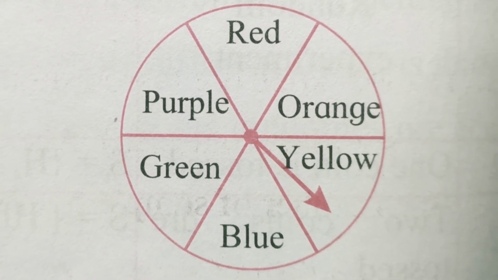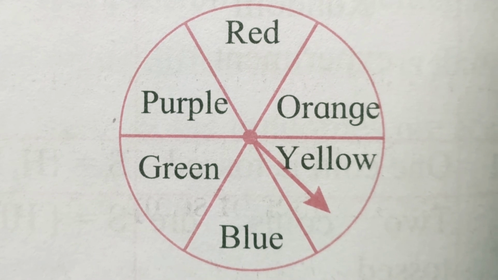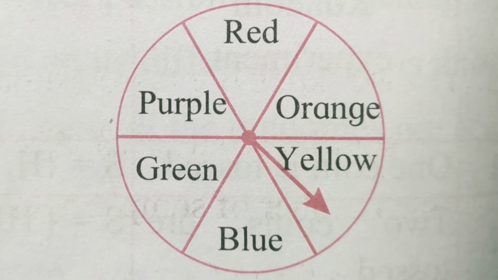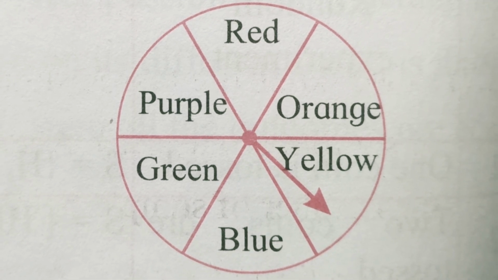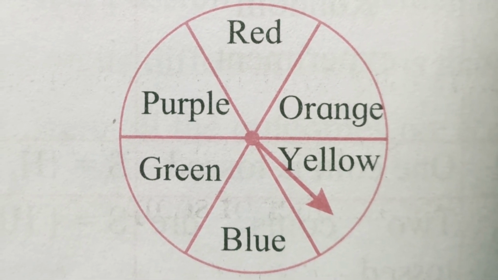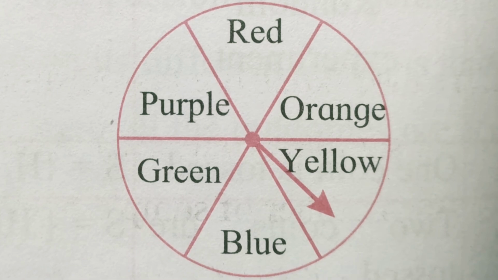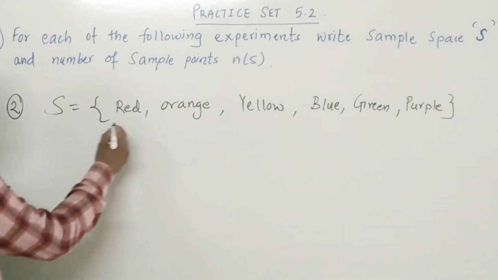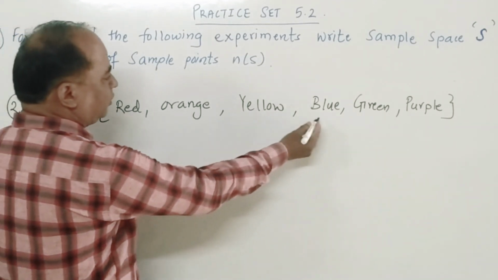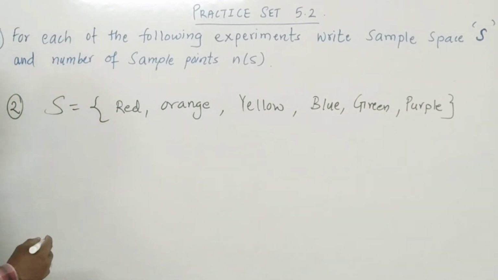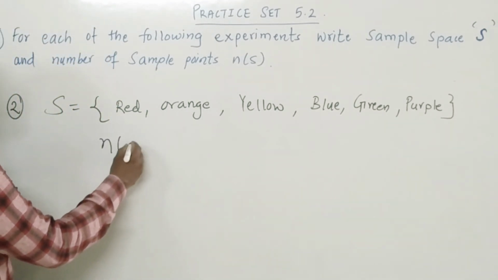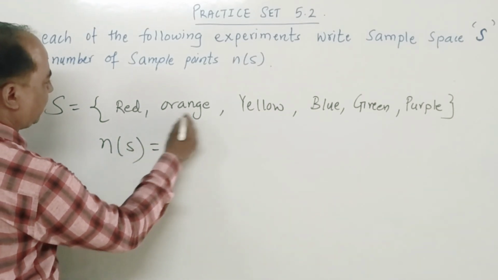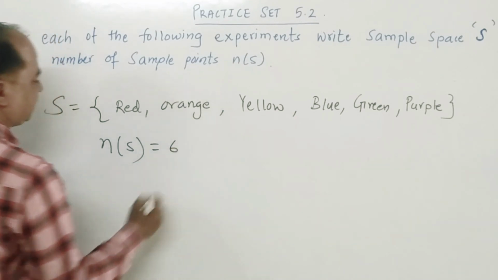So in all there are 6 colors. So the arrow may stop at any one of the colors. So the sample space will be the colors red, orange, yellow, blue, green and purple. So the total number of sample points in the sample space is 1, 2, 3, 4, 5, 6.